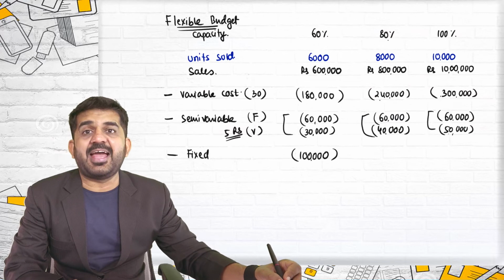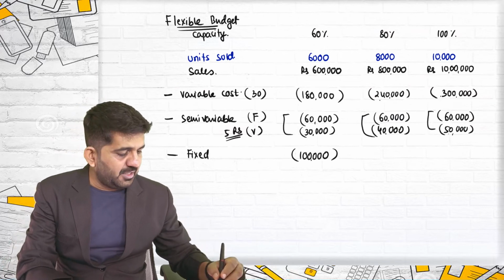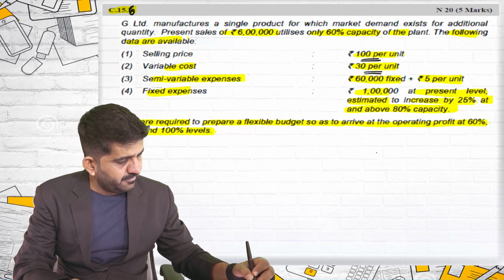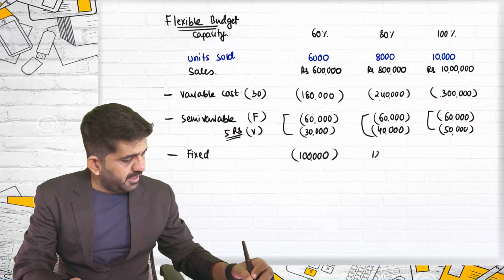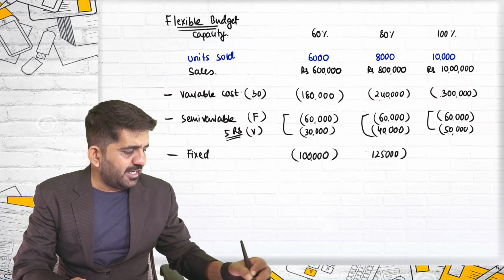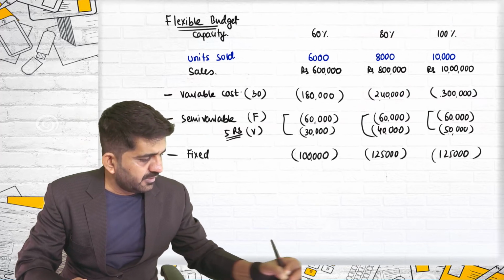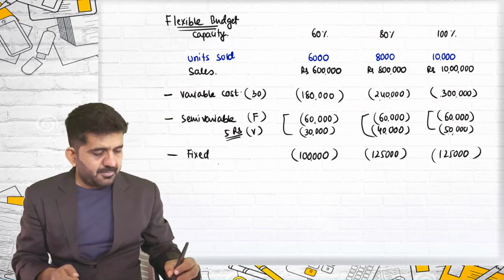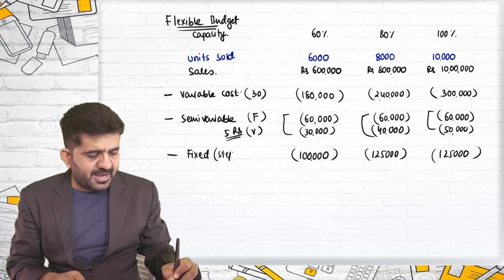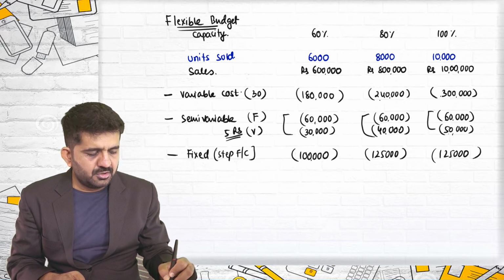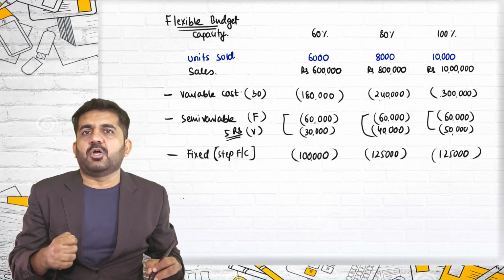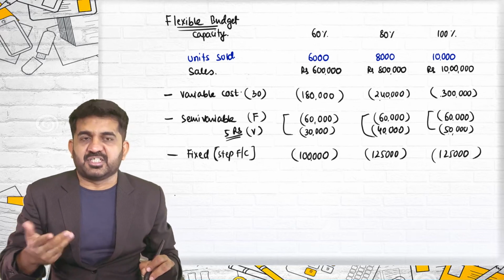So at 80% capacity, it will increase by 25%. So it will become 1,25,000, and at 100% capacity also it will remain 1,25,000. These are better termed as step fixed cost. It remains fixed up to a level, then it increases.